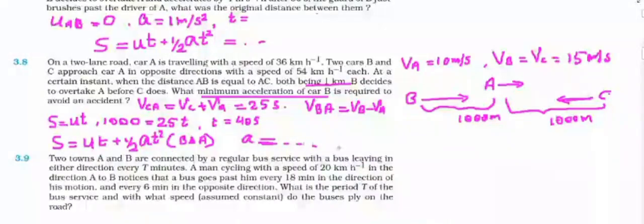You will get the answer just before overtaking, this 40 seconds. Remember, we are calculating minimum acceleration. Okay, so you may be thinking if it is exactly at 40 seconds, both will reach at the same time. But we are calculating minimum. Okay, what minimum acceleration is required.